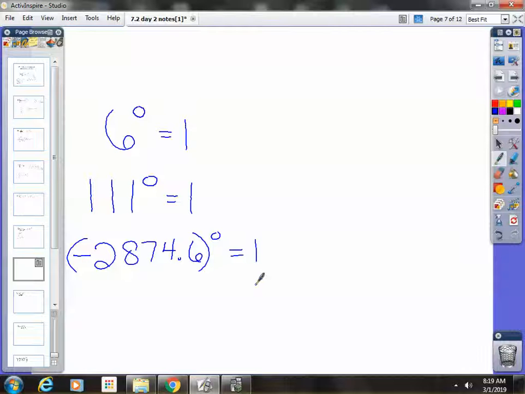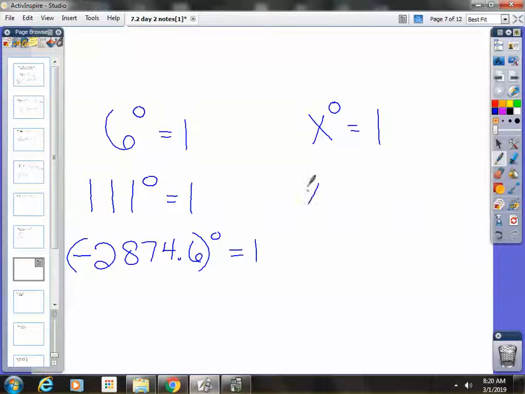What kind of rule or what kind of assumption could you make with something to the 0 power? It's becoming 1. So what if I said x to the 0 power? X is a number, right? We just don't know what number. But it's to the 0 power, so it's going to be 1.